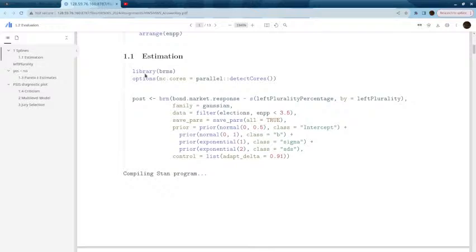Basically, you can create a spline variable, and one thing that I might not have talked about last time is that you can stratify splines, which are continuous, by a discrete factor. In this case, the factor just has 2 levels. Left plurality is true if the left party has more votes than any other party, and false otherwise.